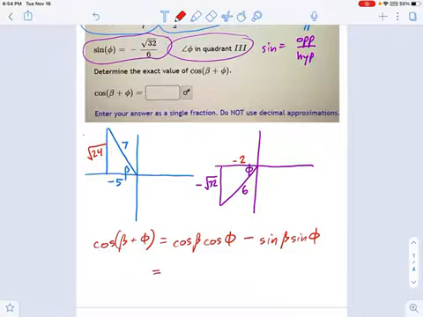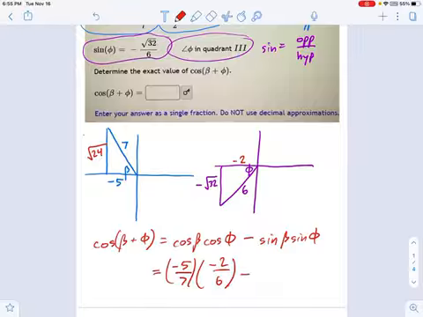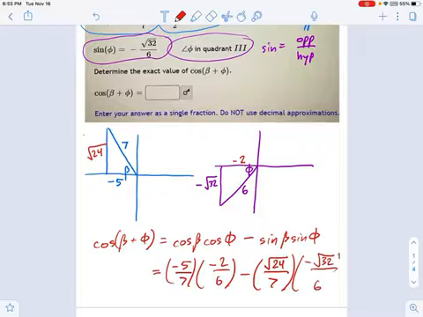Well, adjacent over hypotenuse, I think we were given this one, right? Negative 5 over 7 times cosine of phi. Well, cosine of phi is over on this side now, and that's going to be negative 2 over 6 minus sine of beta. That's one of the new values we just got. Radical 24 over 7. And sine of phi is negative radical 32 over 6.